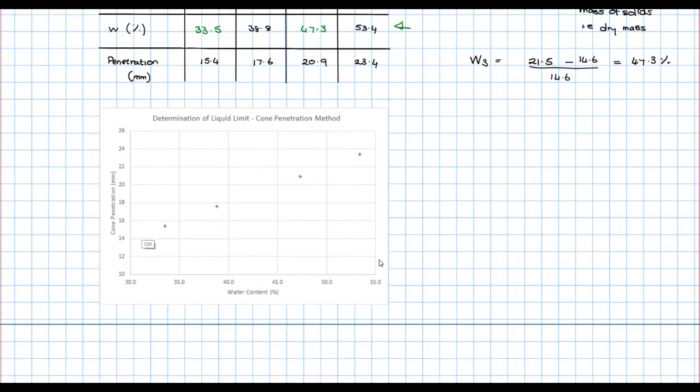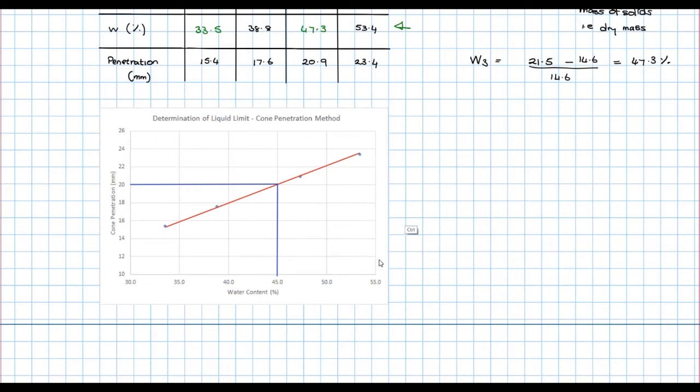So you've marked in your 4 points, you've chosen a good scale that shows the 4 points as best you can, and next you draw a straight line that best approximates the 4 points. From that you take the 20 millimeter penetration mark to the line and you read the percentage of that.